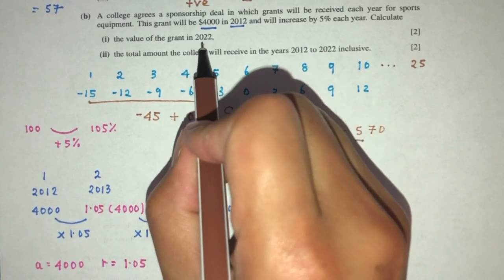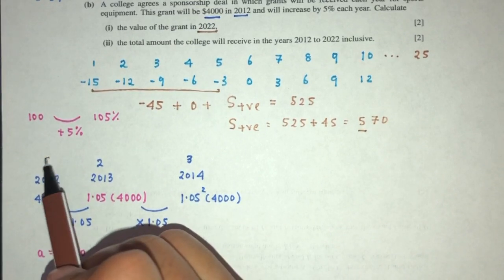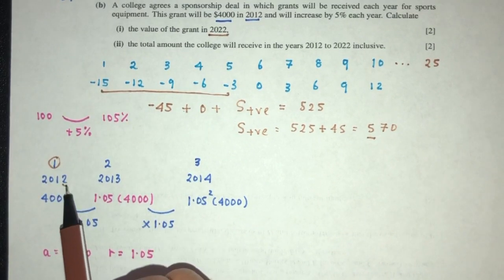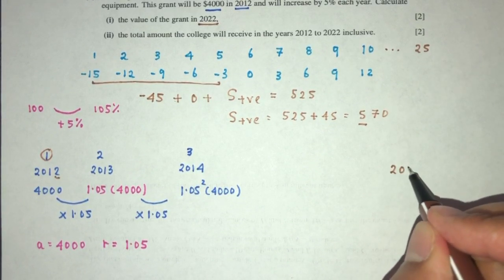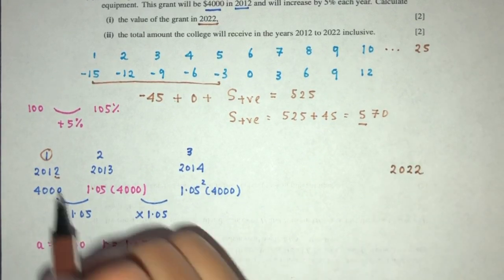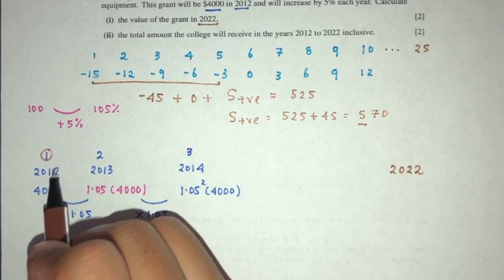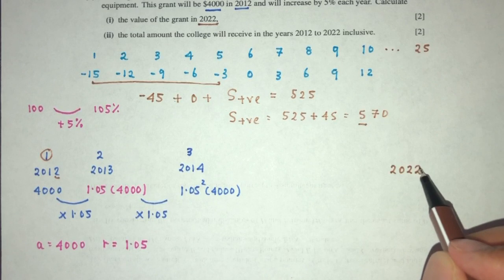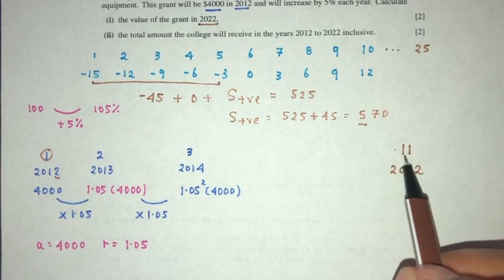Find the value in 2022. So we can try one by one or by observation. When the year is 2012, the term is 1. When the year is 2022, 2022 minus 2012 is 10, plus 1, so we have the 11th term, right?